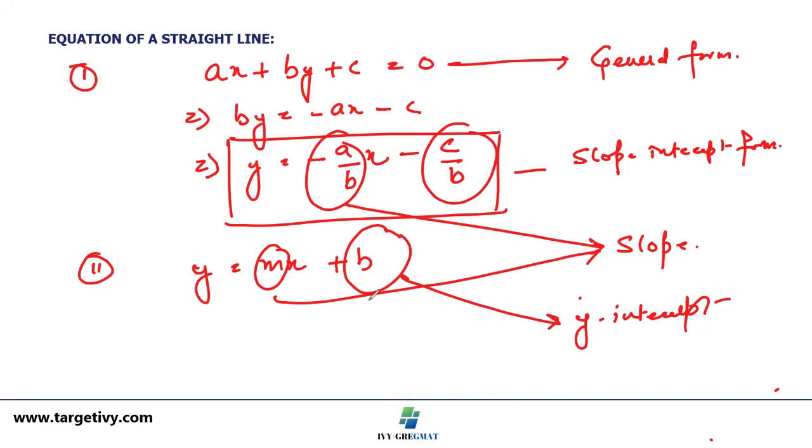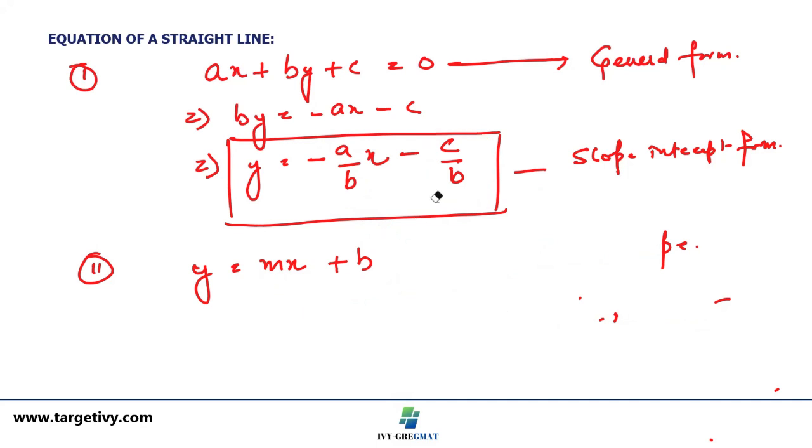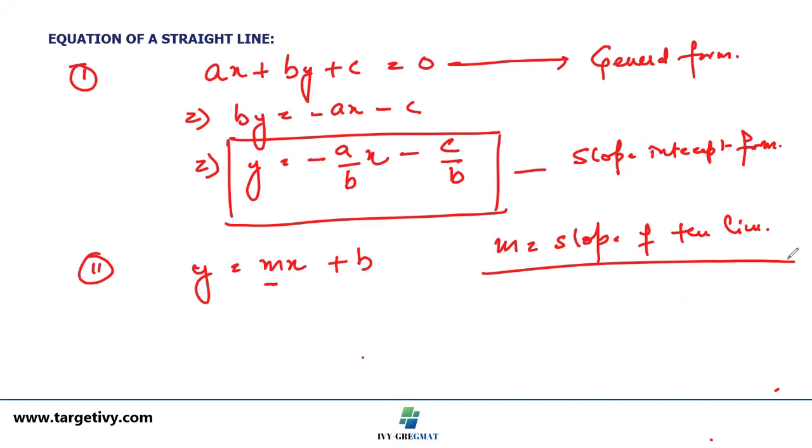Let's do a bit more understanding here. So we know what the slope looks like. Now it becomes clear. This m is the slope of the line. This tells us how steep the line is. So in a coordinate system, the line can be like this, the line can be like this to the x-axis.